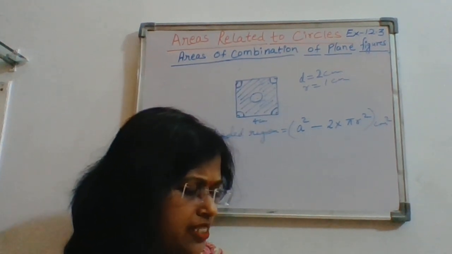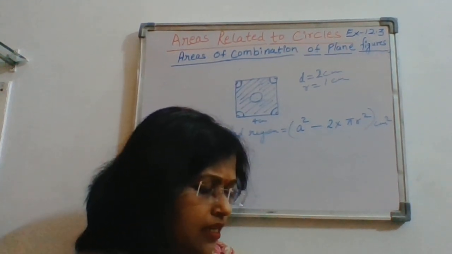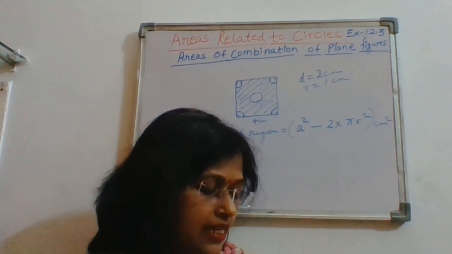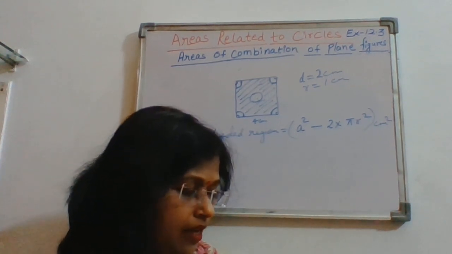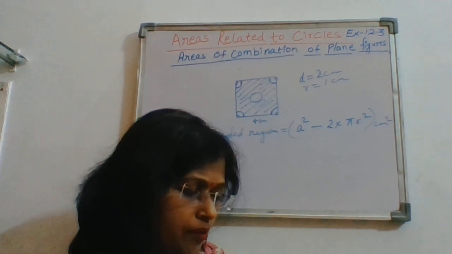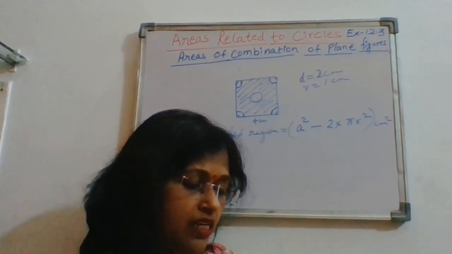Now see question number 6. In a circular table cover of radius 32 centimeter, a design is formed leaving an equilateral triangle ABC in the middle as shown in the figure. Find the area of the design.